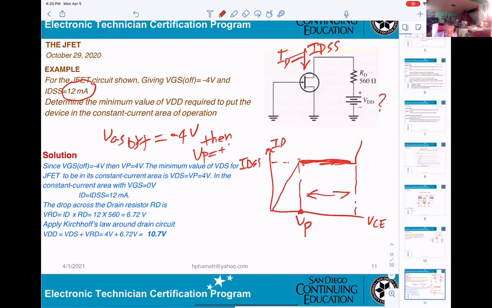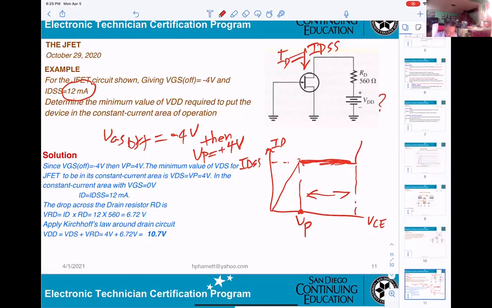Plus 4 volt, right? We already said VGS off and VP have the same value but opposite sign. So if VGS off equal minus 4, then VP equal 4. Okay? So they explain to you here.